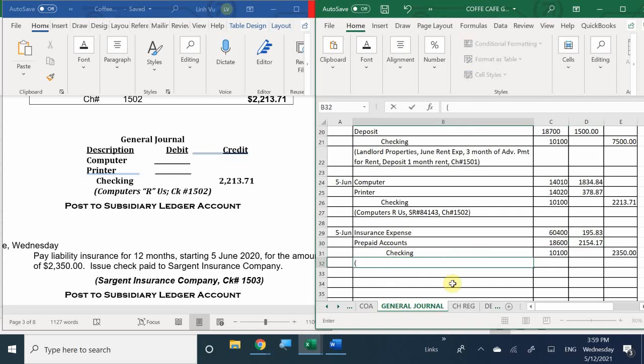Now I have the full information. Who was my vendor? Sargent Insurance Company. Here you can write 12 months liability insurance, whatever you'd like. If I'm buying from an insurance company, it's straightforward, so I'm not going to write that in there.